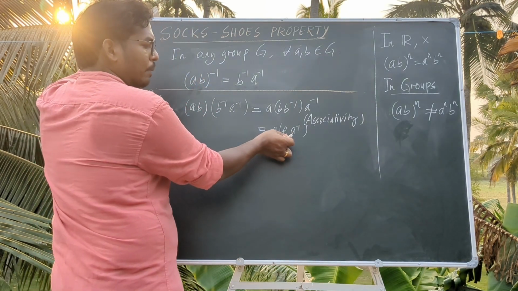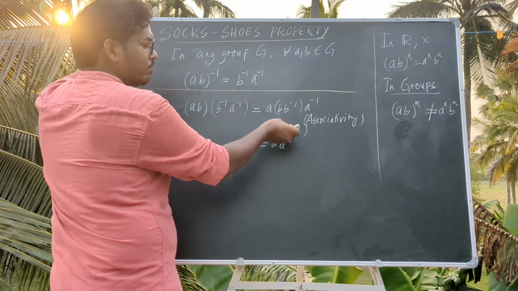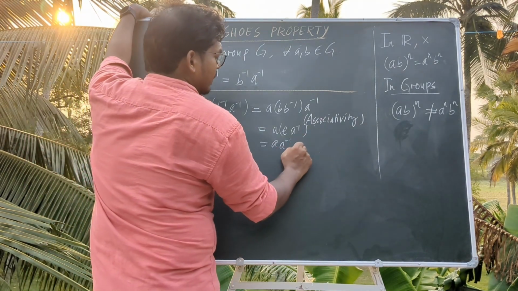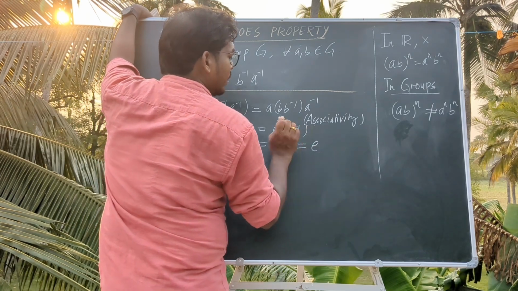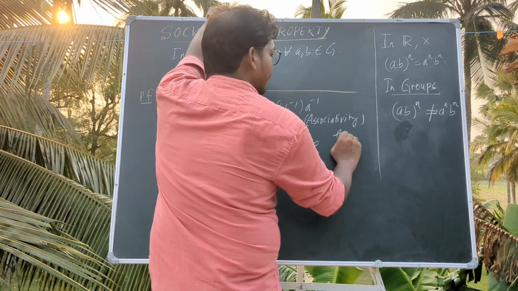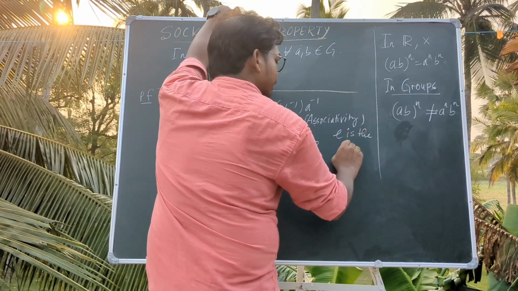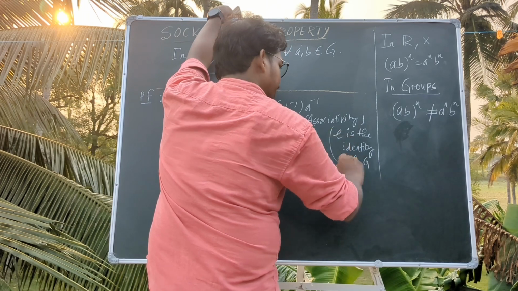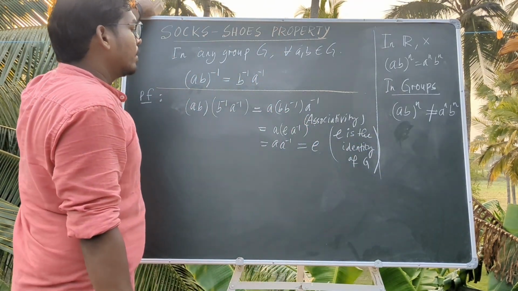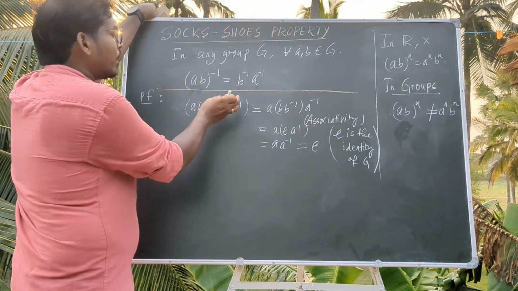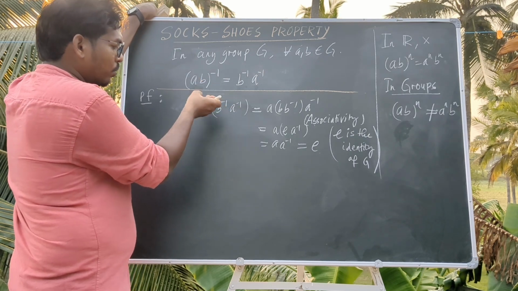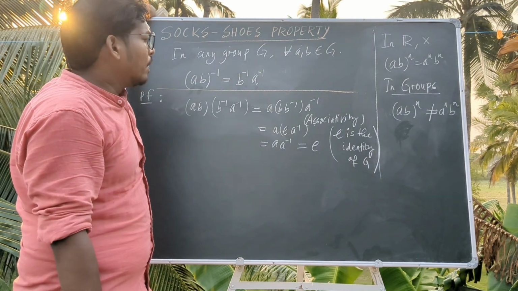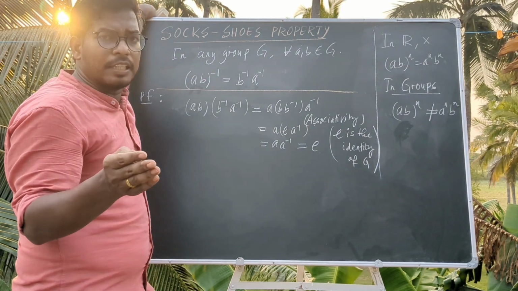I can operate e with any one of these elements, a and a^-1, by the property of associativity. And this is the same as e, where I have taken e as the identity of G. So when b^-1 a^-1 is multiplied with ab on the right side, I am using the terms product and multiplication, but these are multiplicative notations.